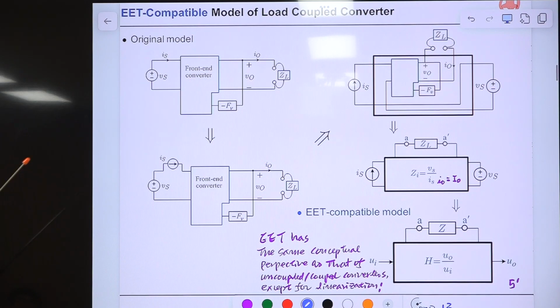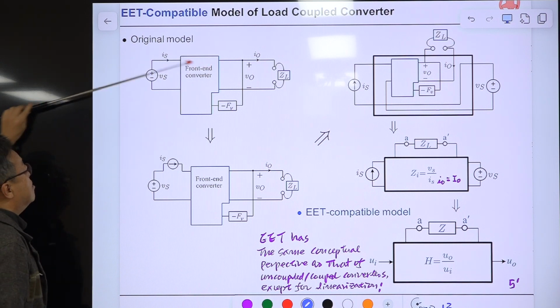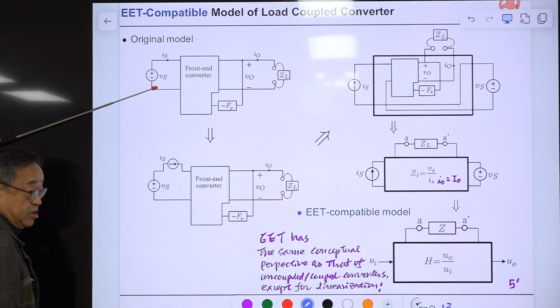First, this is the original model, and this is the voltage, this current. I take this out and replace it with this current source symbol, because you are interested in the input impedance. Then input is this one, output is this one.